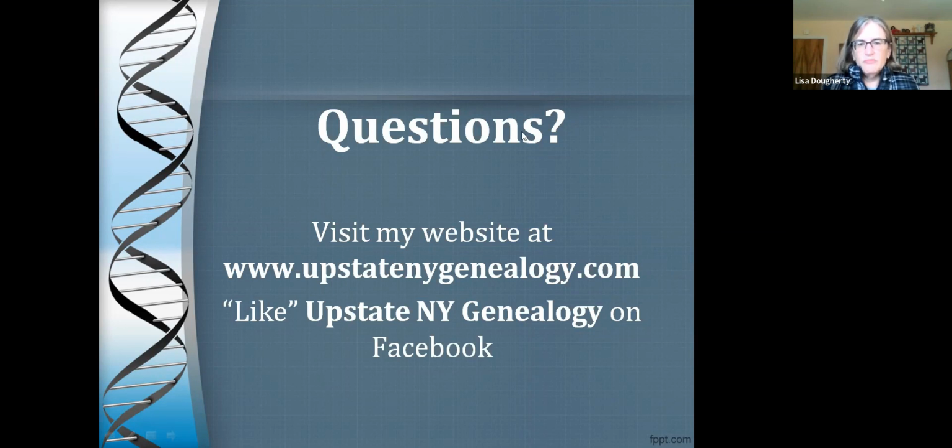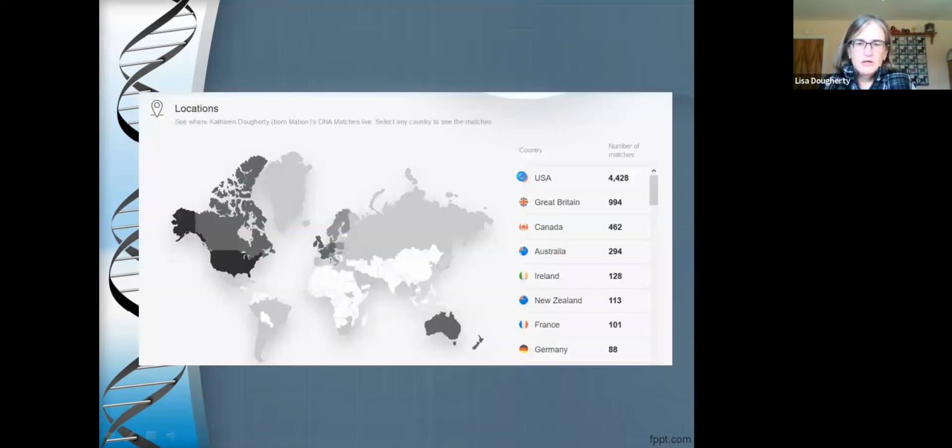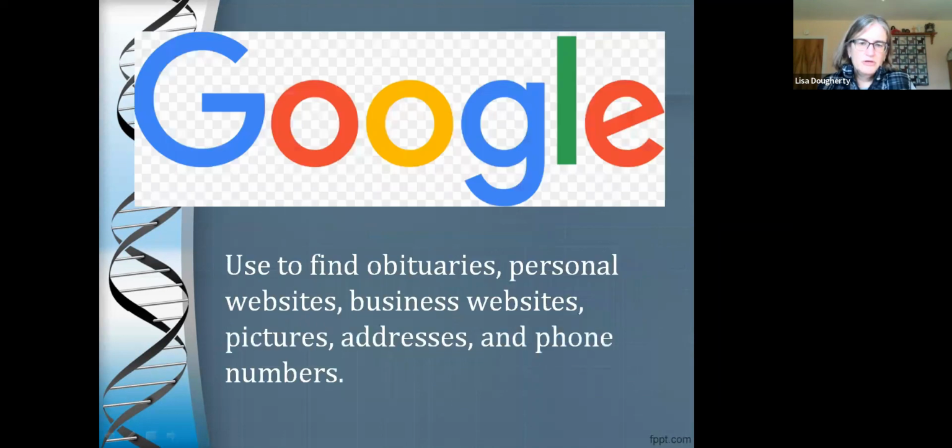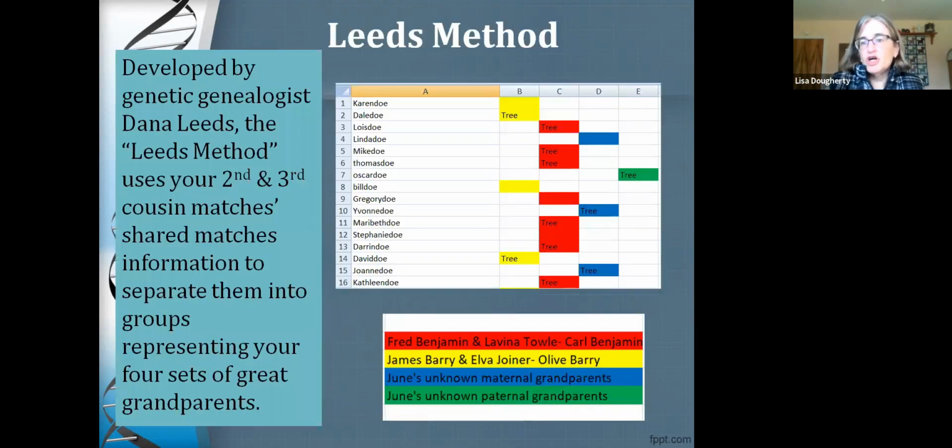Let's see if we go back to that screen. You can make a green colored dot, a blue colored dot, a red colored dot, a yellow colored dot, and you can call them, for example, Fred Benjamin and Lavinia Toller red, Carl Benjamin. So all those people are related through Carl Benjamin.